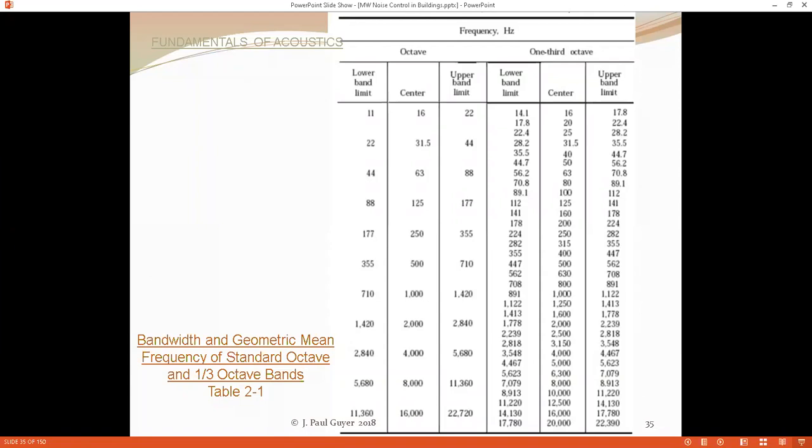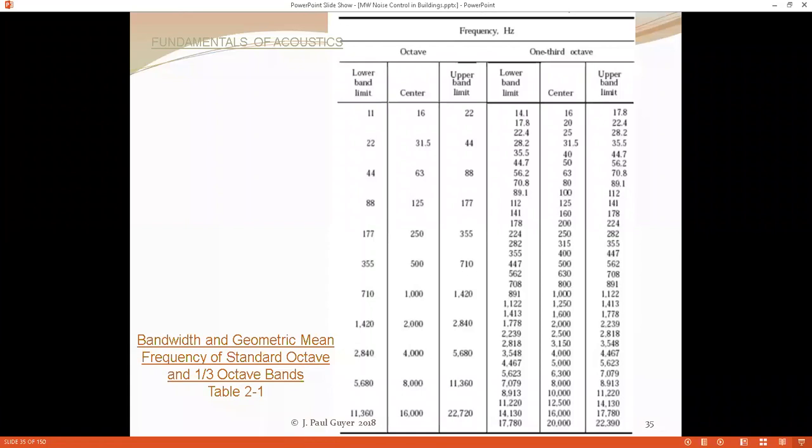What the octaves are is that the frequency spectrum is chopped up into what are called octaves, which you see in this table. At the low frequency, the lowest octave extends from 11 to 22 hertz, and it is centered at 16 hertz, and so that is called the 16 hertz octave.